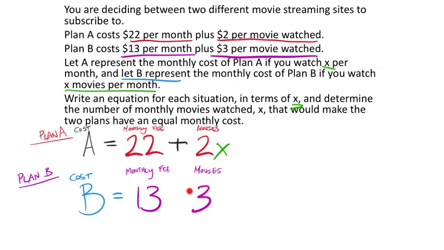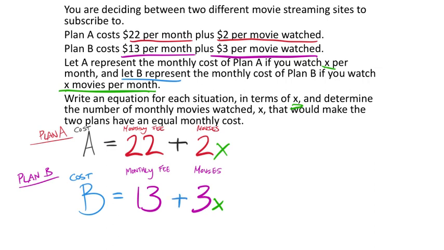Well, this 3 is just for one movie. We don't know how many movies you're going to watch. So we're going to use the same variable x like they said up here. And when you multiply 3 by x, that tells you how much you'll pay just for the movies. Just for the movies. That's not your total cost for the month because it does not include the monthly fee. But we can include it simply by adding the two together.